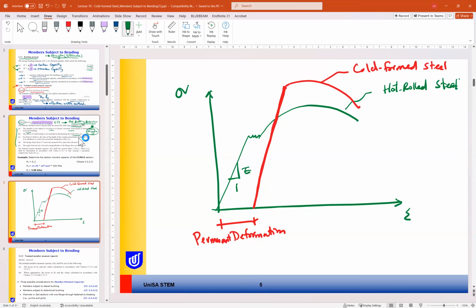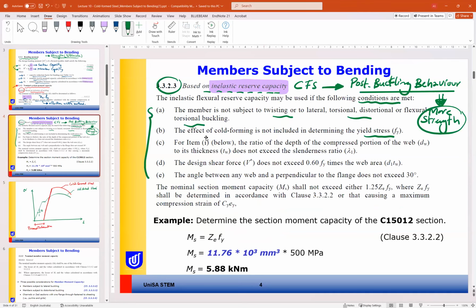So what does the standard mean here? The effect of cold forming is not considered.